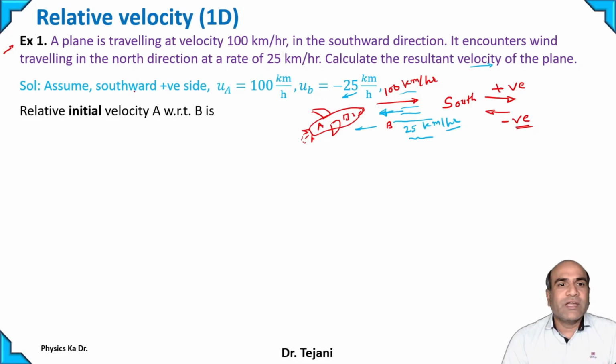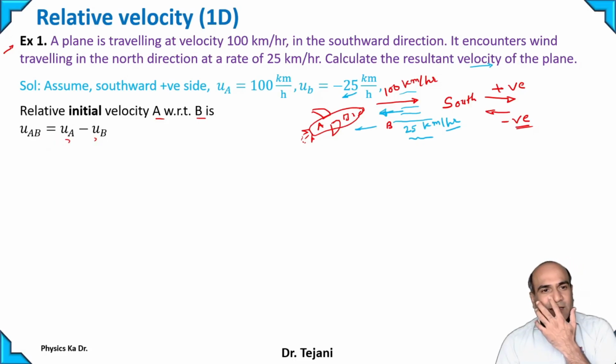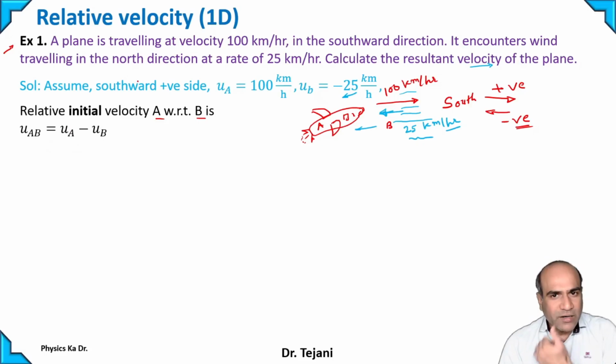So we know that equation, the relative velocity of A with respect to B, that means plane with respect to wind. So UAB always is equal to UA minus UB, you just pick first letter minus second letter. What is UA? 100.